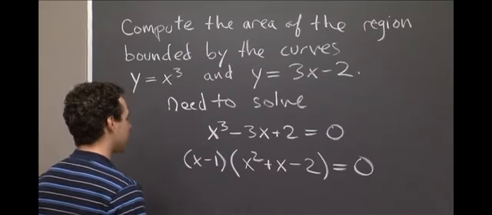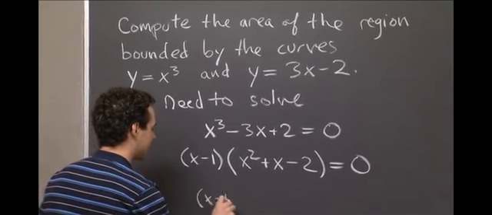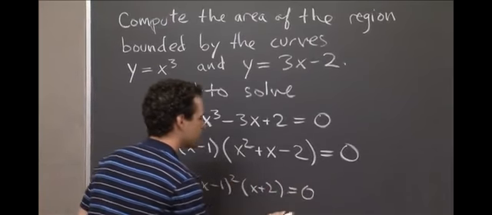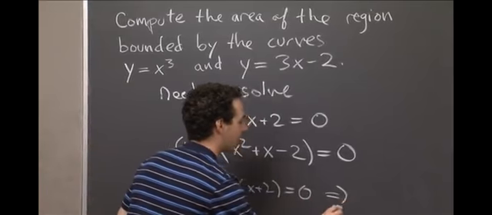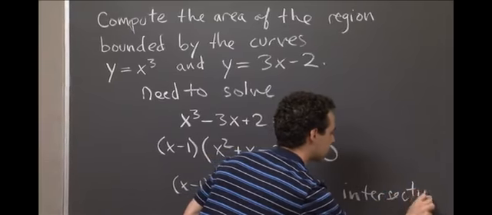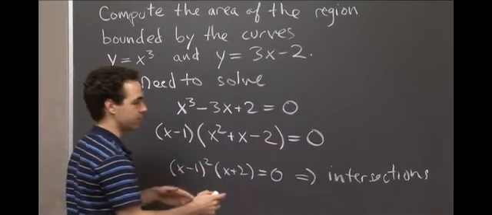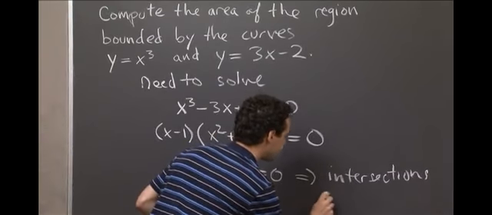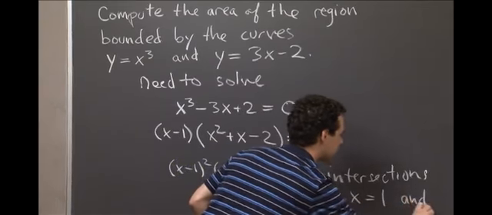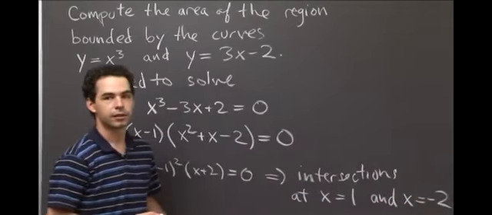This actually fully factors as x minus 1 squared times x plus 2 equals 0, which means we have intersections when either x minus 1 is 0 or when x plus 2 is 0. So intersections at x equals 1 and x equals minus 2. All right.